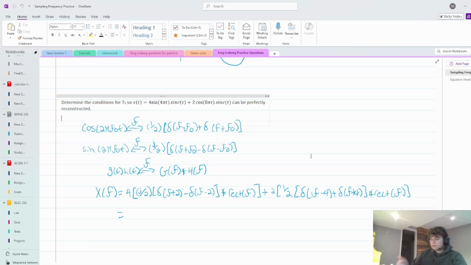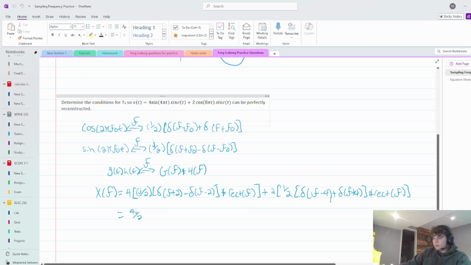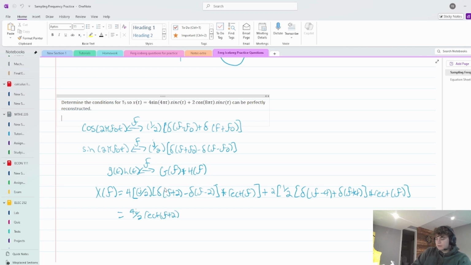So we still have 4j over 2, but when you convolve this rectangle function with this impulse function, the rectangle function will just be shifted to these frequencies, minus 4j over 2 rectangle.